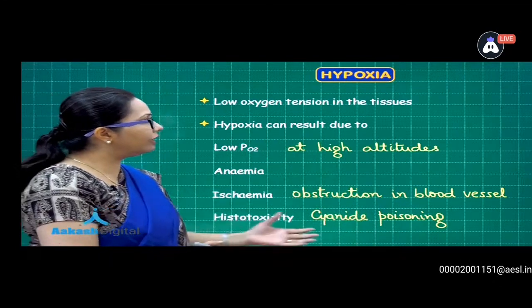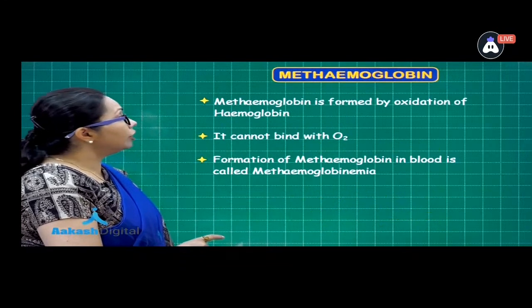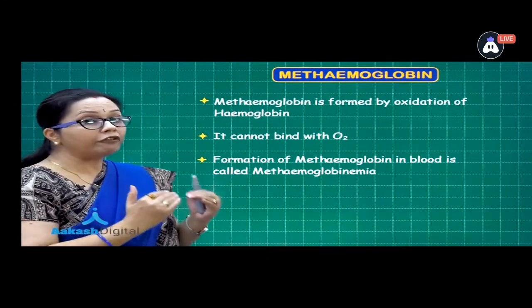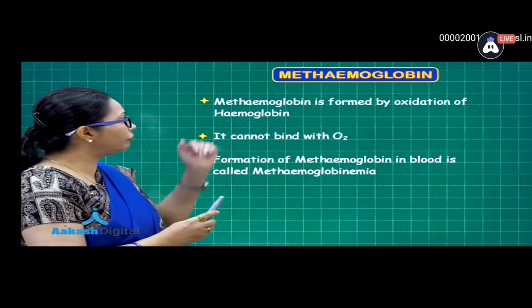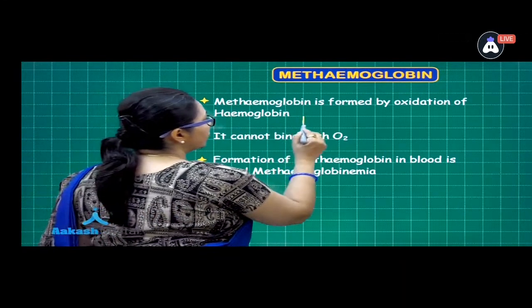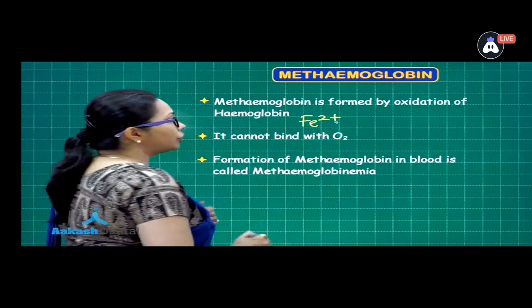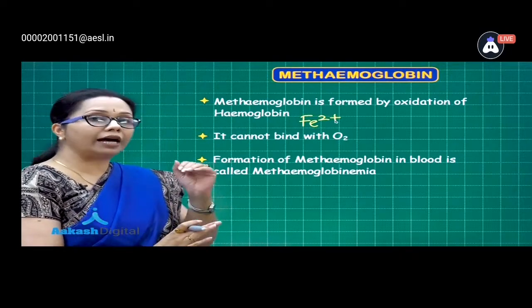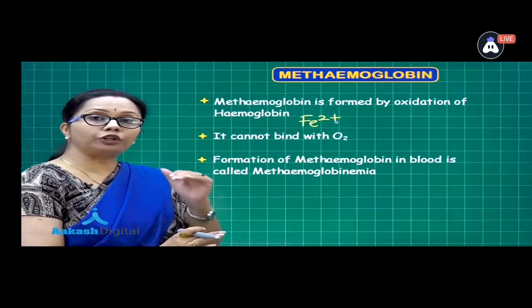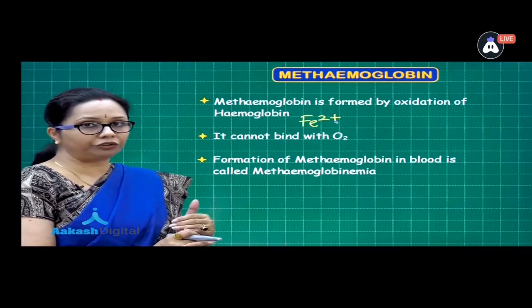So these are different types of hypoxia. Then there is another condition, which is when the hemoglobin gets oxidized. In the hemoglobin we had mentioned that the iron is in the form of ferrous, and when oxygen binds with it, it still doesn't get oxidized. It remains as ferrous because formation of oxyhemoglobin is an oxygenation reaction, not an oxidation reaction.